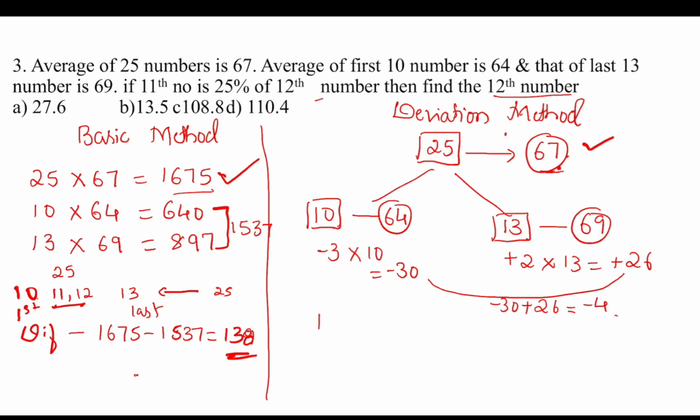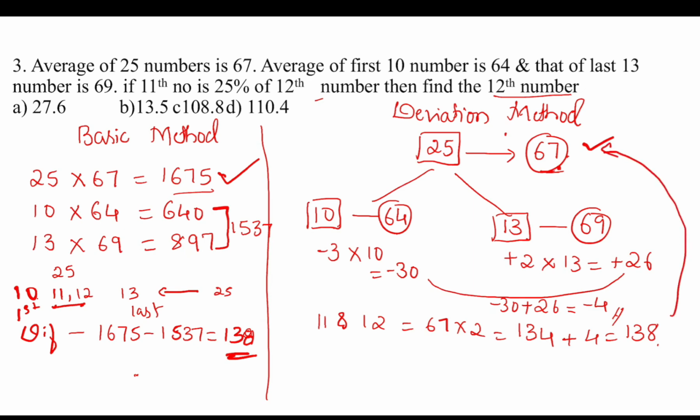So the 11th and 12th also will be 67 and 67, isn't it? So 67 into 2 is how much? 134. But 4 is still running short. If I add this here, then it becomes 138. So the sum is 138, when I compensate here, then the average will always be 67.